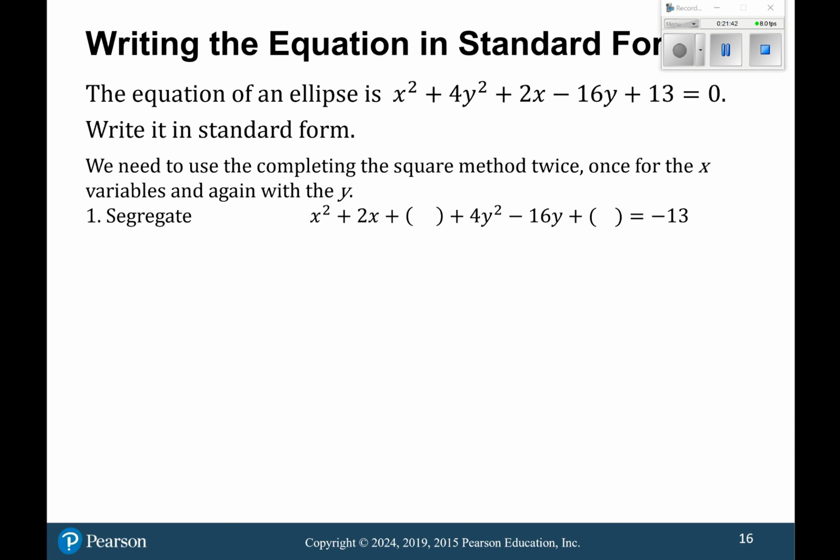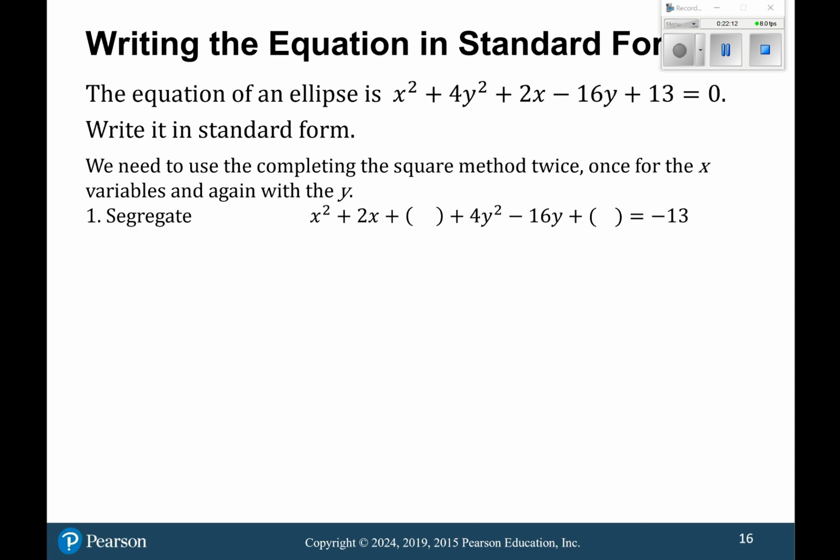In math, one of the few places where we can say segregation is going to be our first step here. We're going to put together the x squared and the x term, leave a space. We're going to write the y squared adjacent to the negative 16y, leave a space. And we're going to move that constant to the other side.